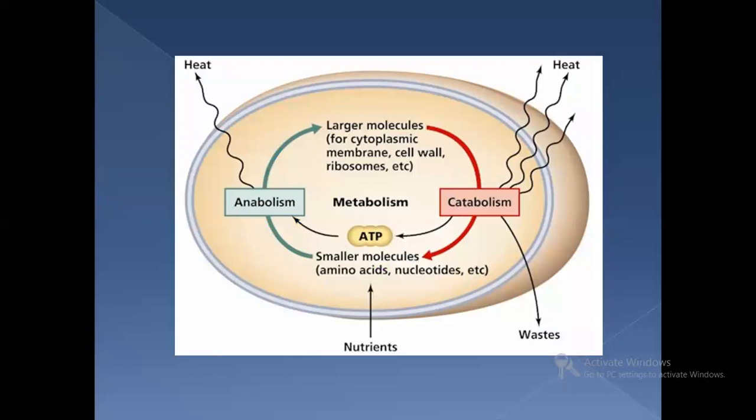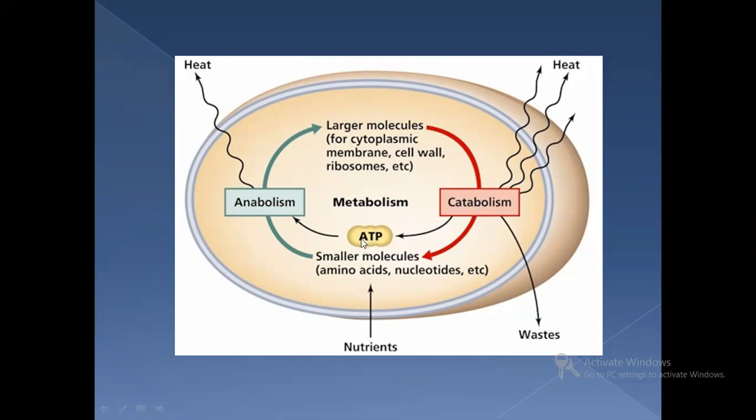Well, this is just a pictorial representation of how exactly catabolic as well as anabolic processes take place within a cell. Here you can see you have larger molecules. They go through this catabolic phase where they are made into smaller molecules like amino acids, nucleotides, etc. And there is liberation of ATP.